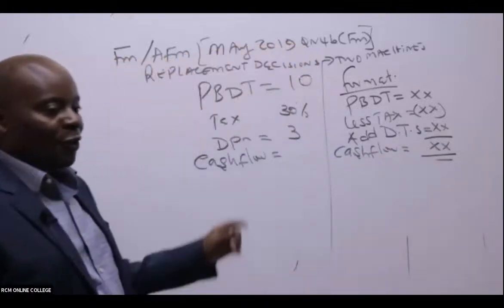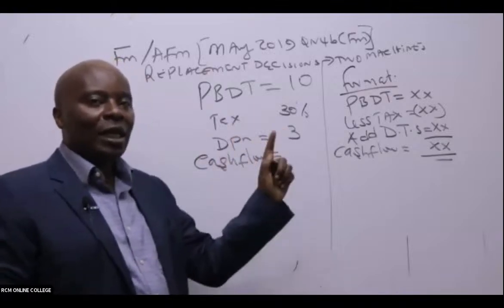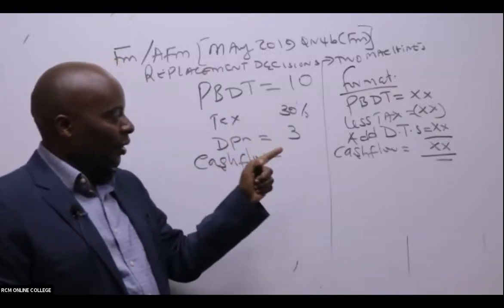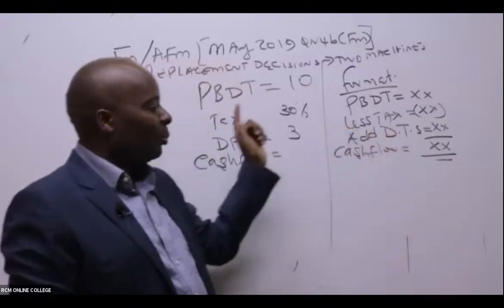If a figure is given, we tax it directly, and then we add a depreciation tax shield.